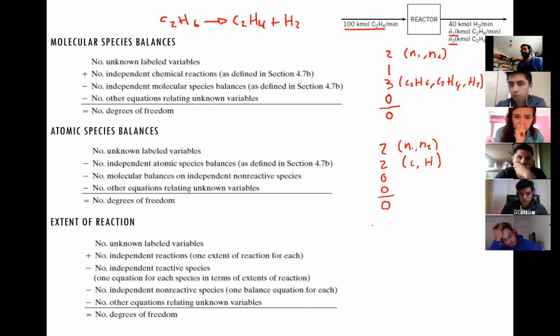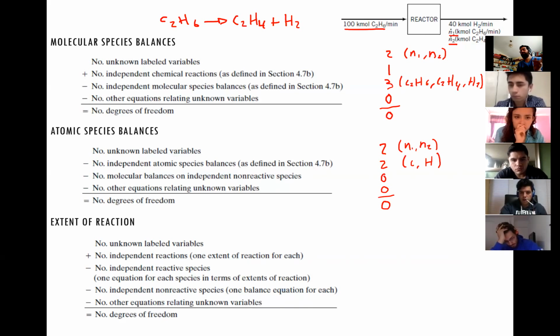Okay, Professor, an equation, molecular balance on independent non-reactive species would be when a species enters and doesn't react with anything, or what do you mean with molecular balance? Yeah, when you have some number of independent molecular species balances, those are the molecules that are in the reaction.